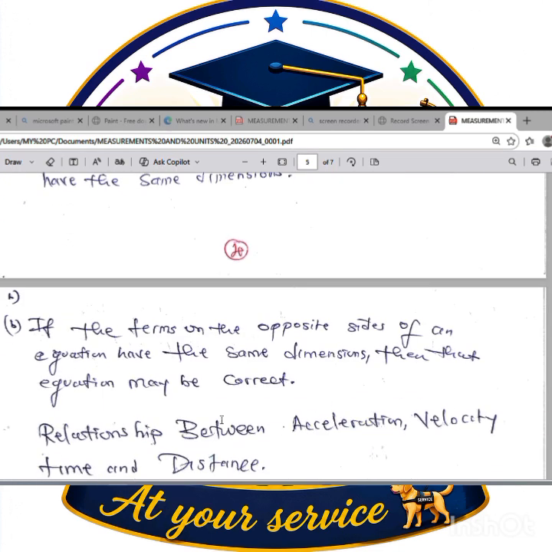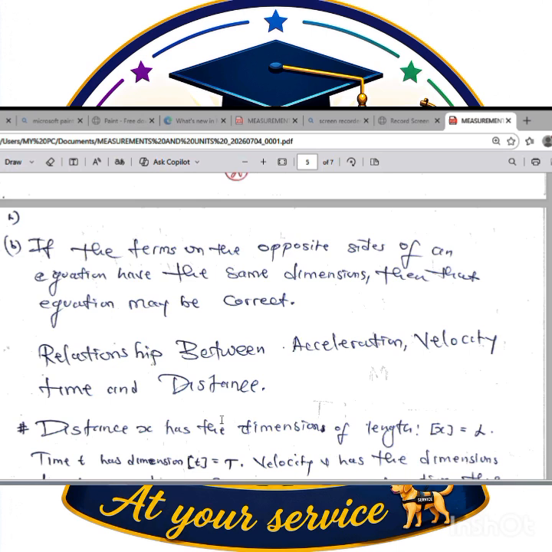All right. The other rule says if the terms on the opposite sides of an equation have the same dimensions, then that equation may be correct. If the terms on the opposite sides of an equation have the same dimensions, it simply means that equation may be correct.